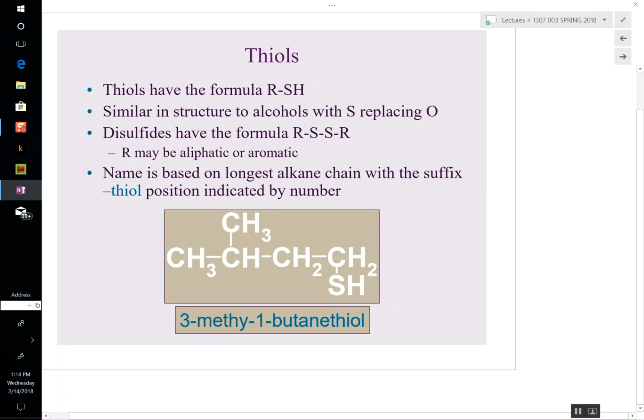Okay, a lot of these slides in here are just miscellaneous things. So here's one other miscellaneous thing. What is a thiol? A thiol is an SH group on an organic compound.